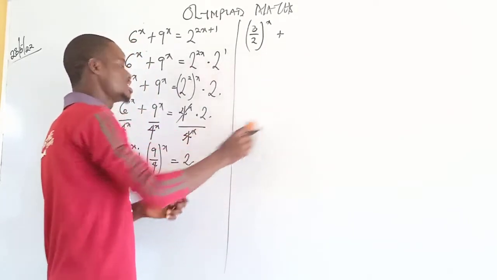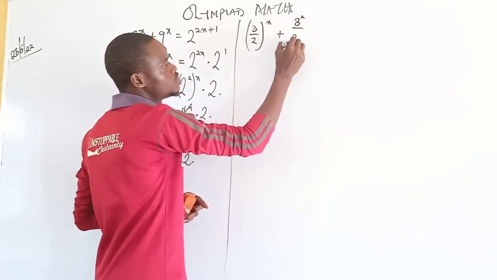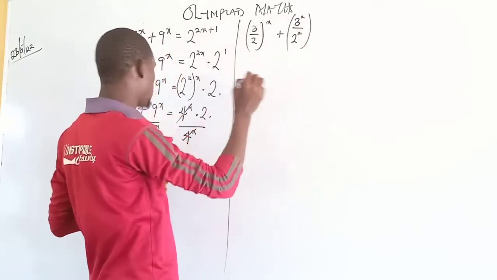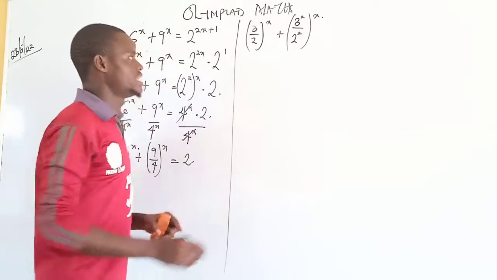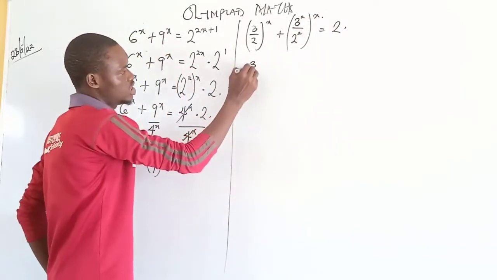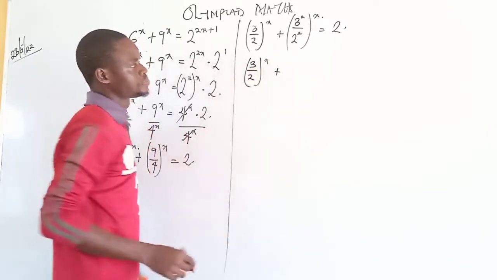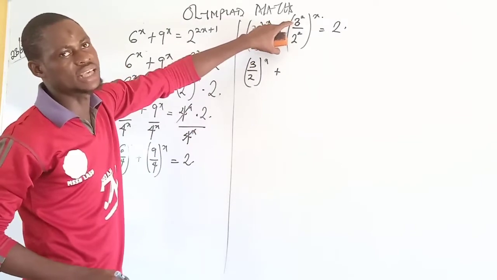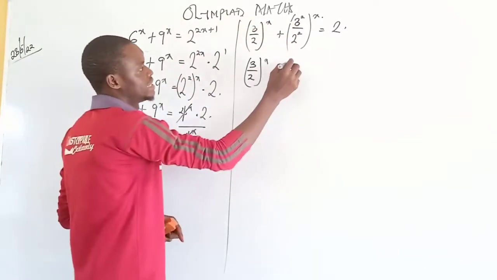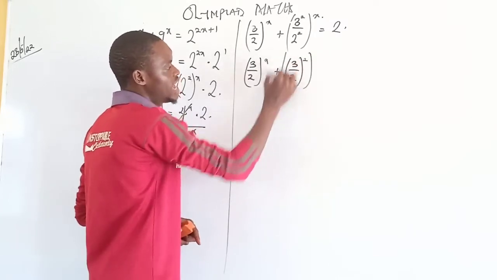Now, I can write this as 3 raised to power 2 over 2 raised to power 2, everything raised to the power of x, equals 2. Now, I have 3 over 2 raised to the power x, then plus, if I go to this place here, I can write this as 3 over 2, everything squared, everything raised to the power x equals 2.